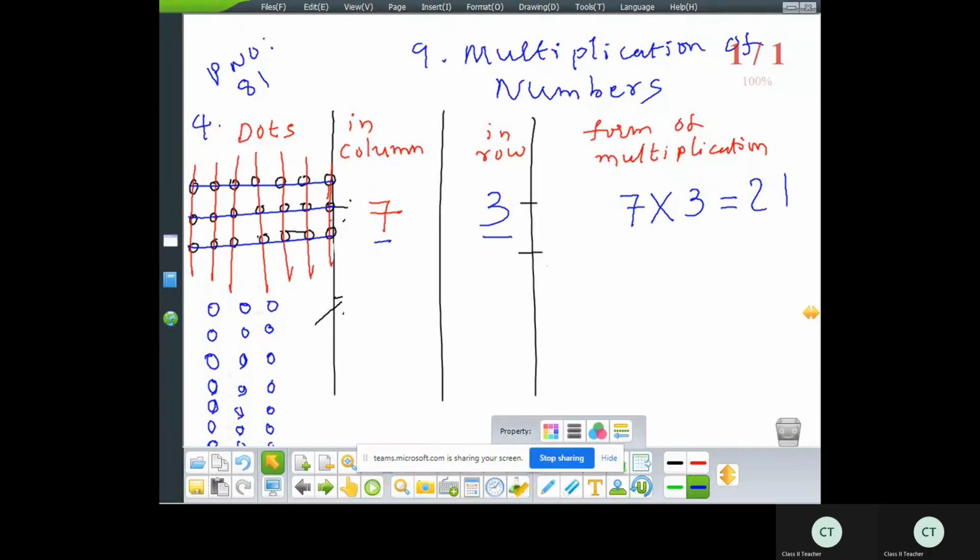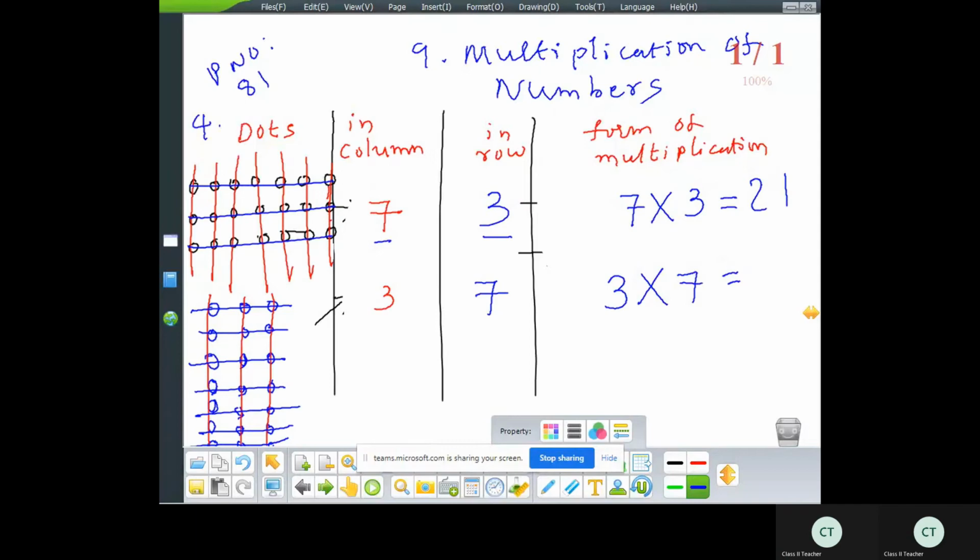Column means standing line. 1, 2, 3. Rows, sleeping line. 1, 2, 3, 4, 5, 6, 7. A form of multiplication is 3 and 7, or 3 is multiplied by 7.